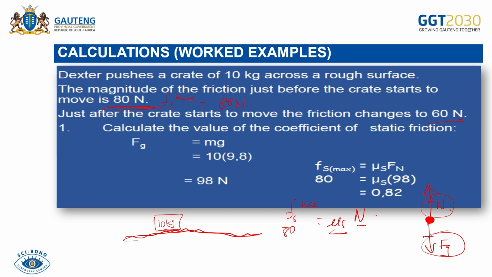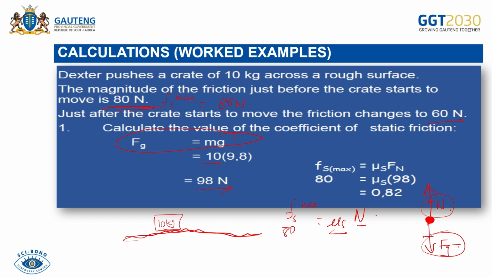How can we get the normal force in this case? We start by calculating the magnitude of the gravitational force using the equation Fg equals mg, or weight equals mg. The mass of this object is 10, and g is 9.8, so I'm having 98 newtons.